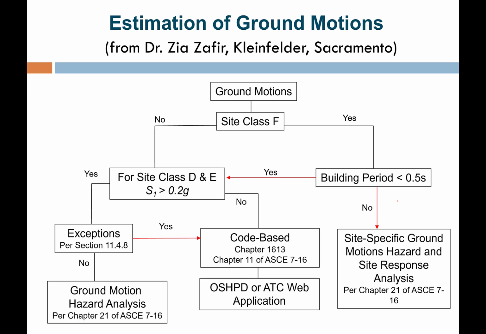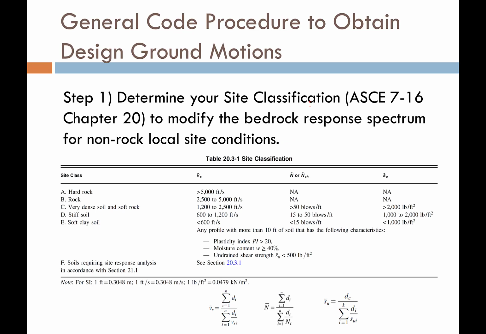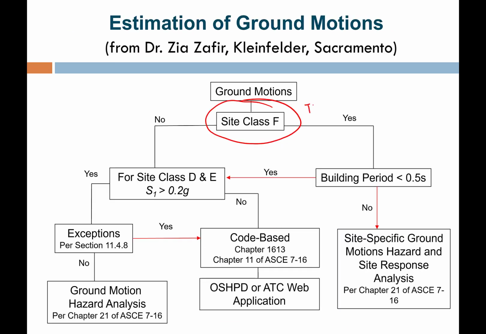So if we just walk through this quickly, basically the first step is you've got to look and see if you have a site class F. And a site class F means, and there's some very specific requirements that we'll discuss, but it basically means you have tricky soil.